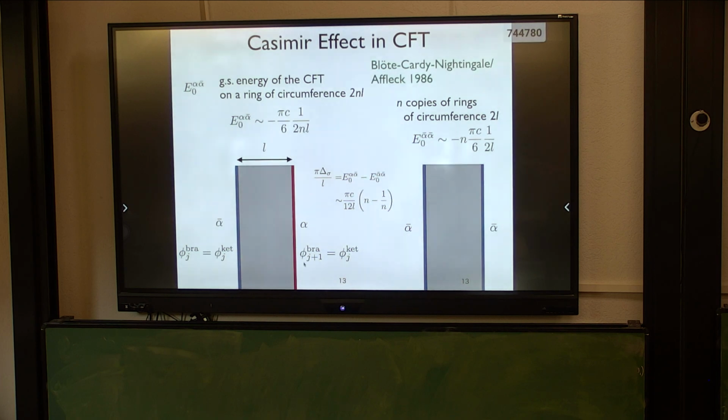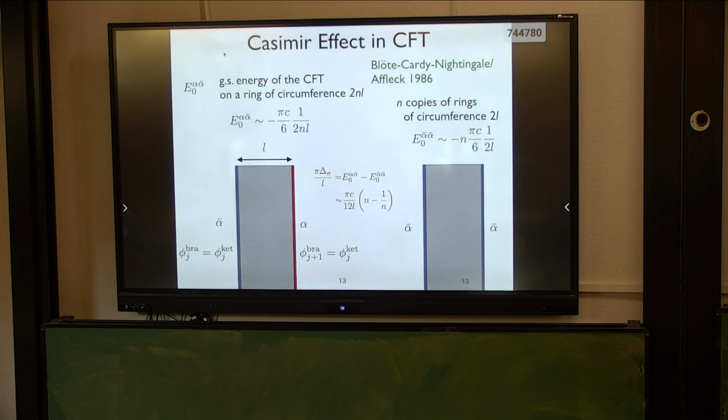But on this red boundary condition, I take the nth power of the reduced density matrix, meaning that the ket component of the j-th replica is connected to the bra component of the (j+1)-th replica. So these are the two boundary conditions. Now I want to find the ground state energy for this combination of boundary conditions.